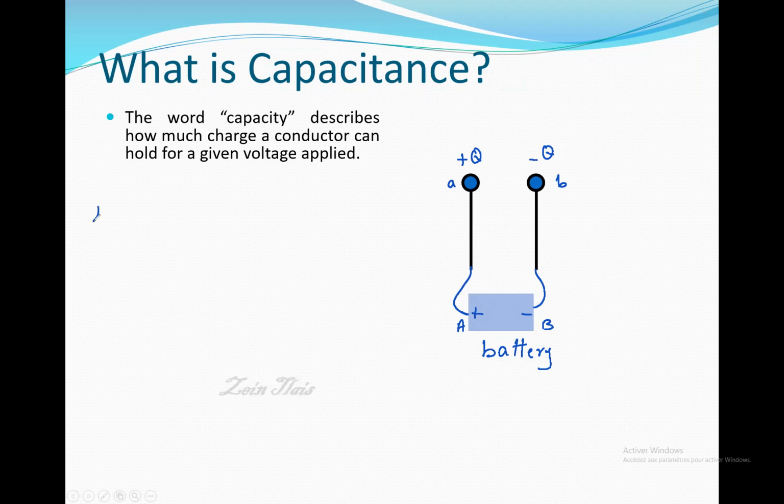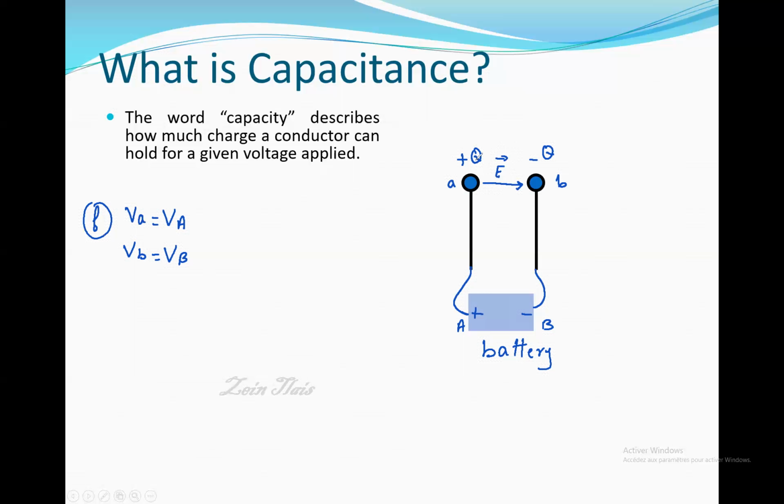At the final state, we get VA and VB. And we have a positive charge here and a negative charge here. Okay, so we create an electric field between them.